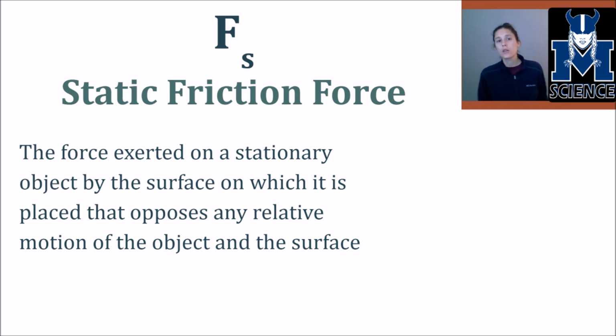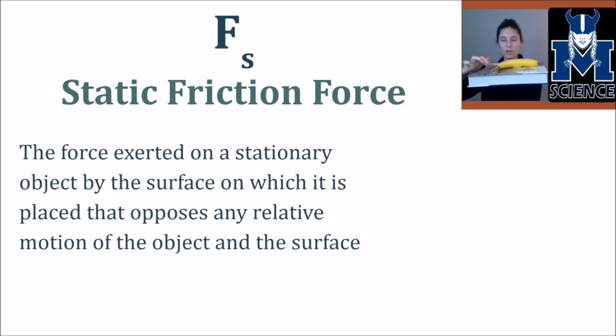So we're going to first look at the static friction force, and static means stationary or not moving. Static friction is basically the resistive force that keeps an object from moving when you apply a force to it. For lack of a better example, I have here a banana on a book.